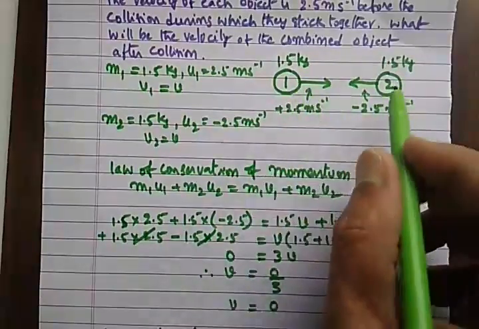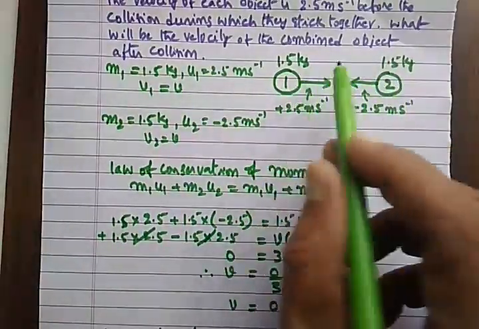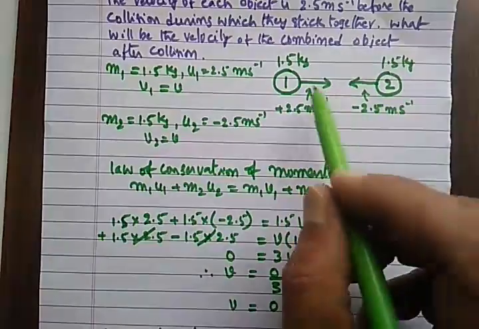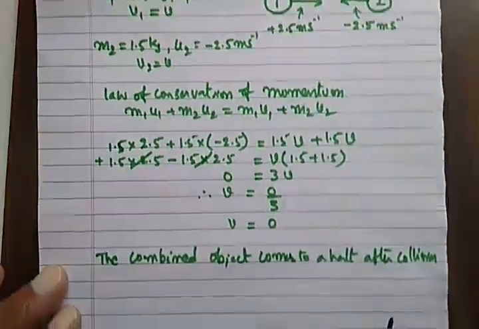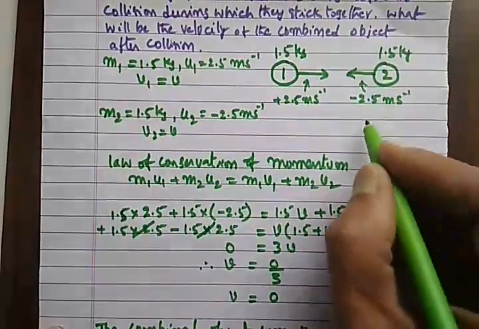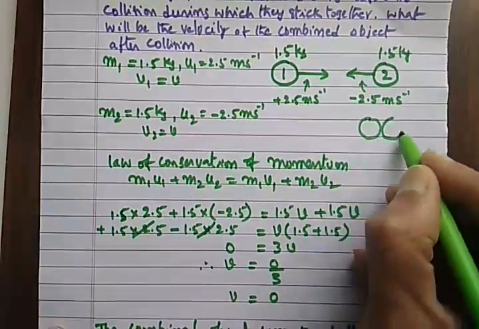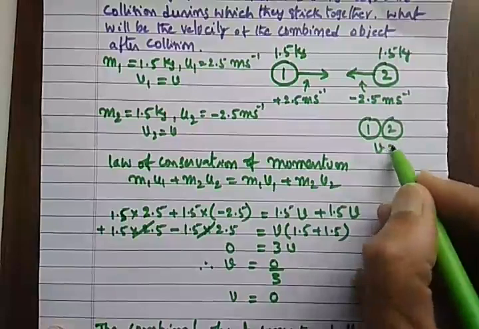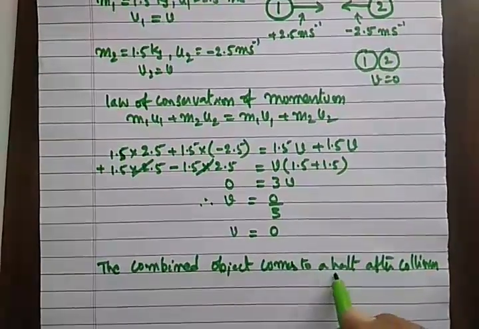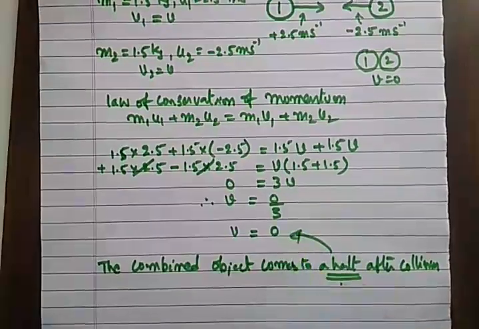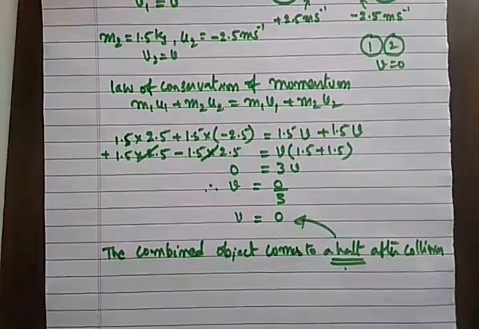These two have the same mass and same velocity but in opposite directions. When they come together, they will come and stop. That is, it will halt. So that's why the velocity is 0.